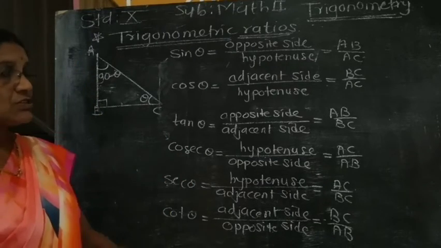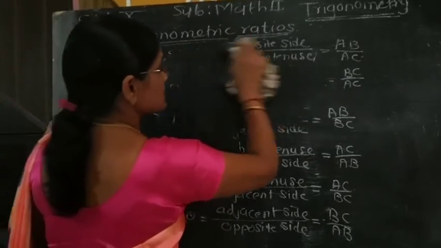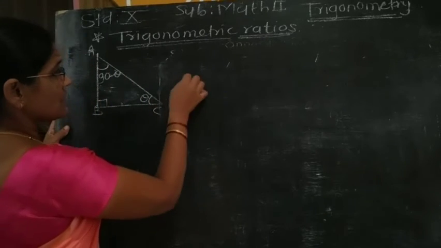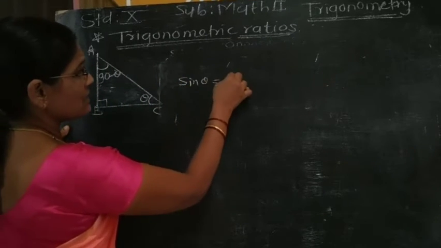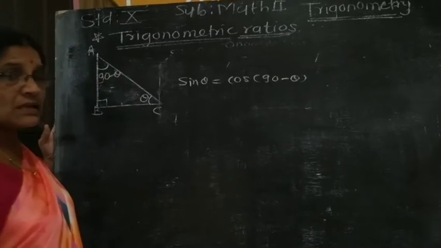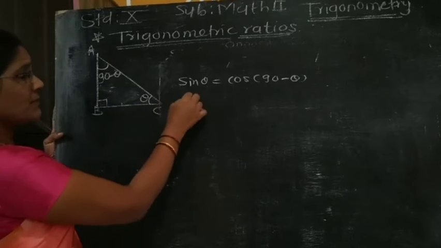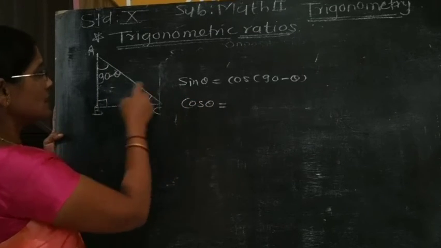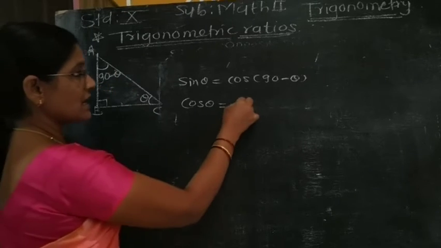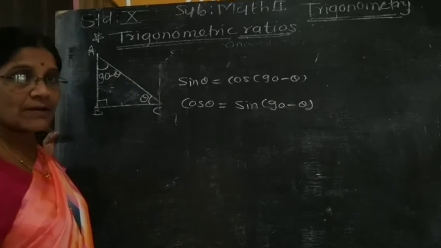First remember all these ratios. Then we obtain the relations that we already learned in 9th standard. Sin of theta is equal to cos of 90 minus theta. Same way, cos theta means BC upon AC, and that will be sin of 90 minus theta, means cos theta is equal to sin of 90 minus theta.